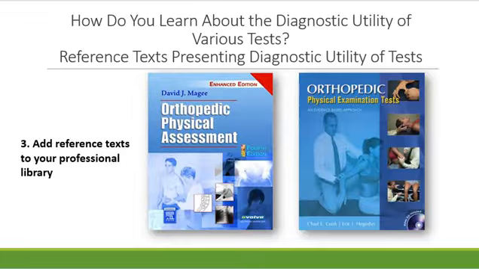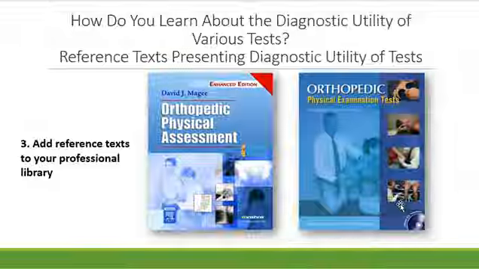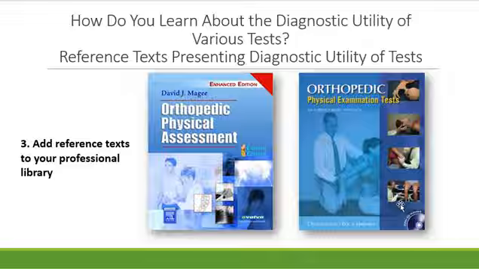Or you can add different reference texts to your professional library. And if you have an interest in orthopedics, I would recommend this Cook and Hedges book. Now, Cook and Hedges are both physical therapists, but it is not a book on how to do a physical therapy exam. This is an encyclopedia where it will present a test, what its purpose is, how to do the test, and then it presents study by study.